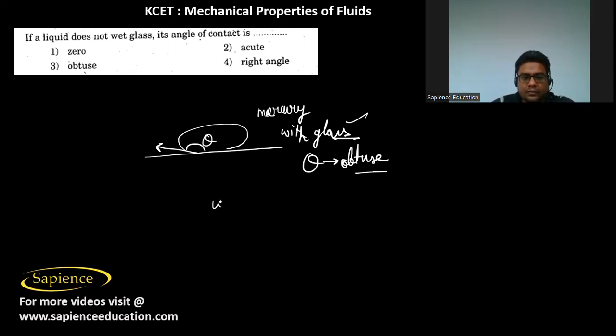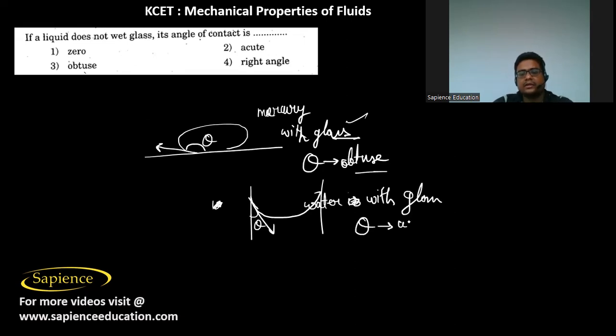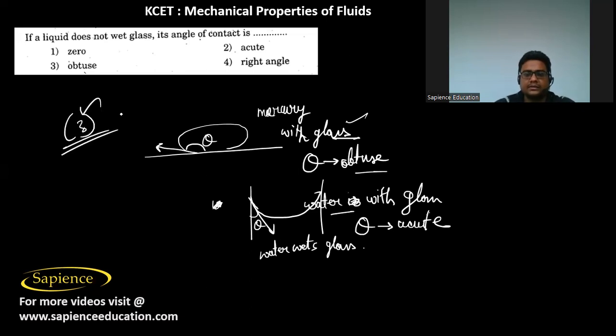But if water is used, the angle of contact is an acute angle, and water wets glass. Mercury does not wet glass, so the angle of contact should be obtuse. Then only it will not wet glass. So option 3 is the correct answer.